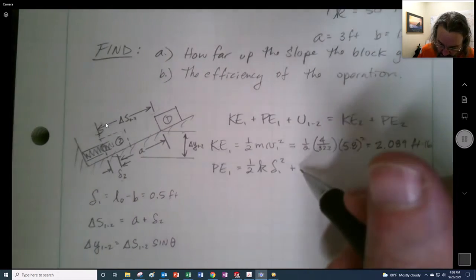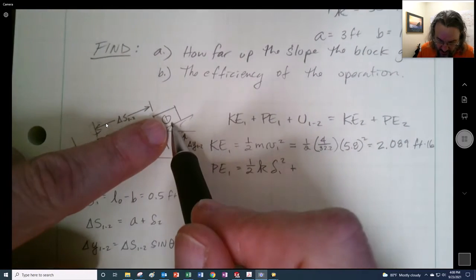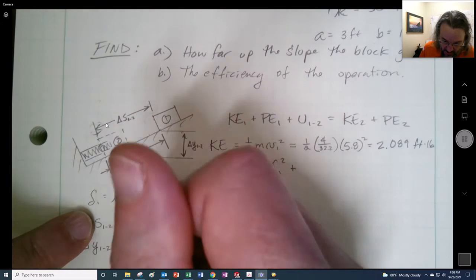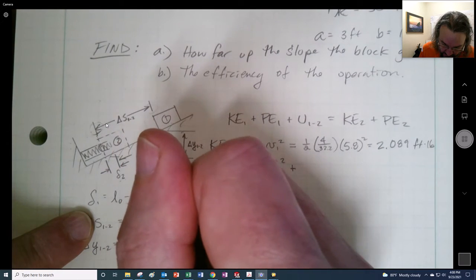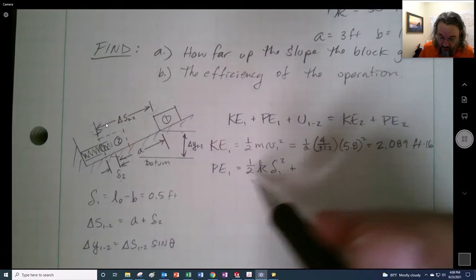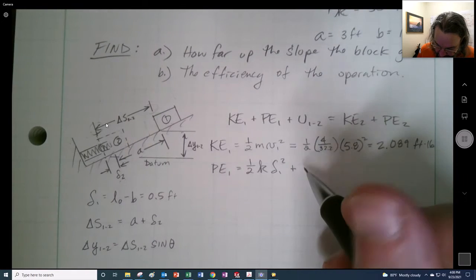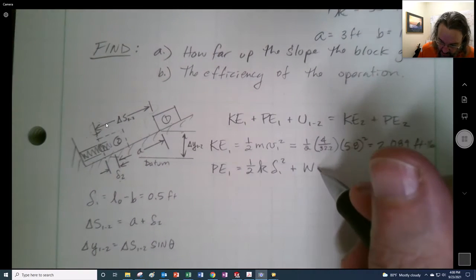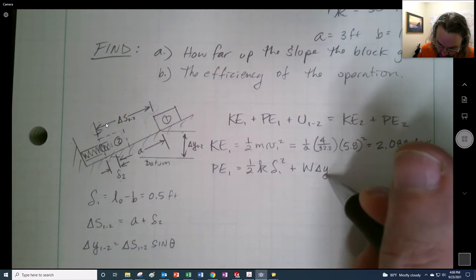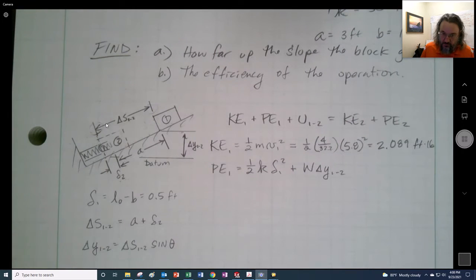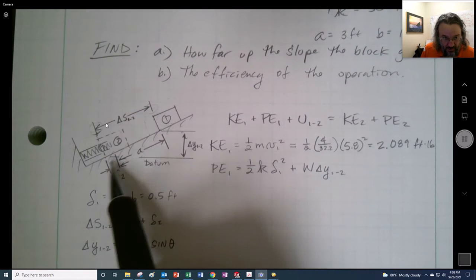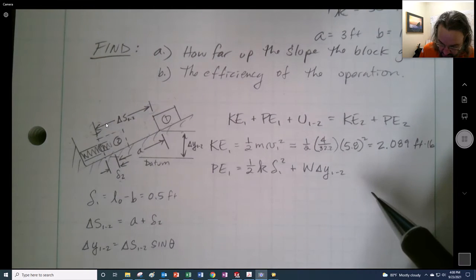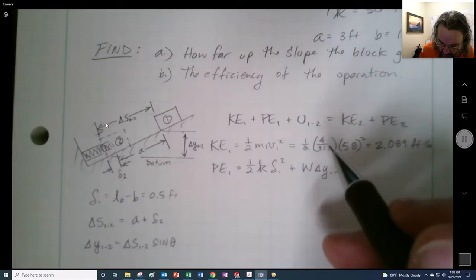So when we get to this, the potential energy is going to be the start, and down here is going to be the datum for this one. And so that's going to be the weight of the thing, or mg, times delta y1, 2. And one of the things we're going to need to know in order to do this is an unknown, because we don't know how much this is going to be compressed.